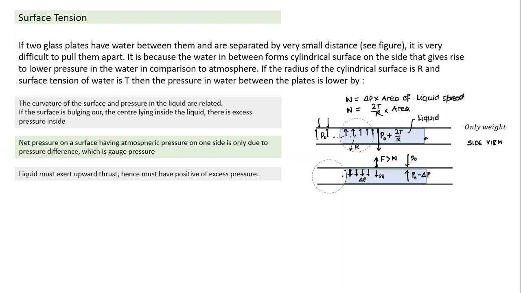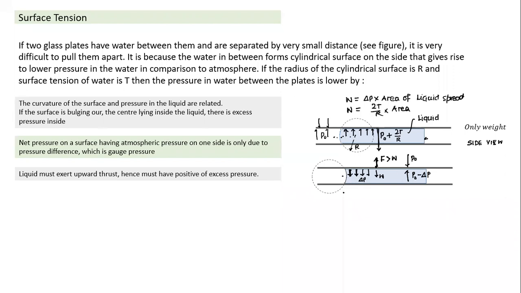So pressure inside the liquid, since it is not a convex surface, when it is a concave surface like this, the pressure inside the liquid is lower. To understand, this was a convex, it was bulging out, pressure was higher because center was inside the liquid. Now the center is curving outwards. This is concave shape looking from inside the liquid. The pressure will be lesser than atmospheric pressure.